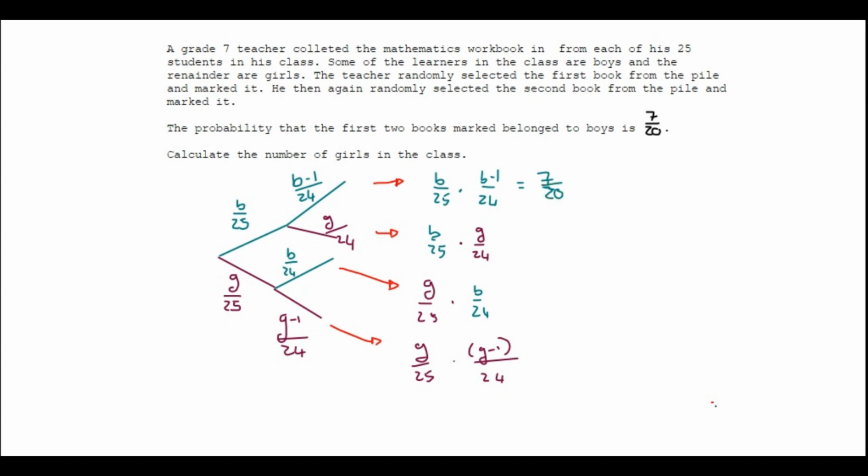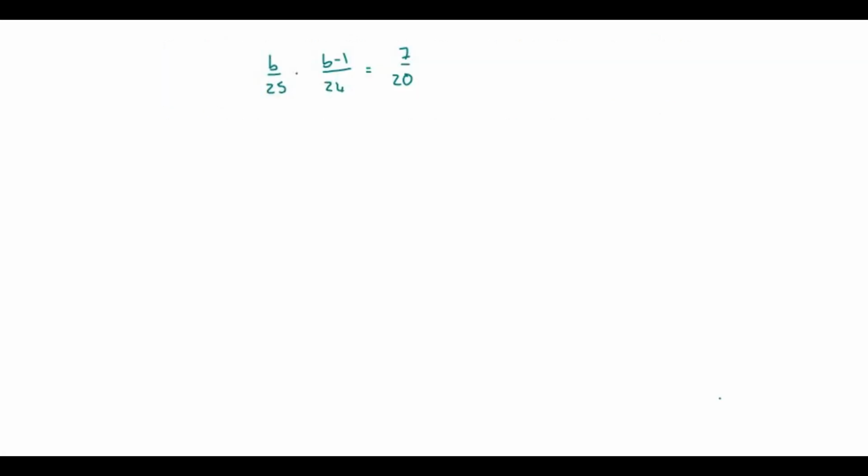So what we can do is now solve for B. At first glance, what you need to realize is this is a product, which means numerator multiplied by numerator and denominator multiplied by denominator. So this becomes b squared minus b over the product of 25 and 24 equals 7 over 20.